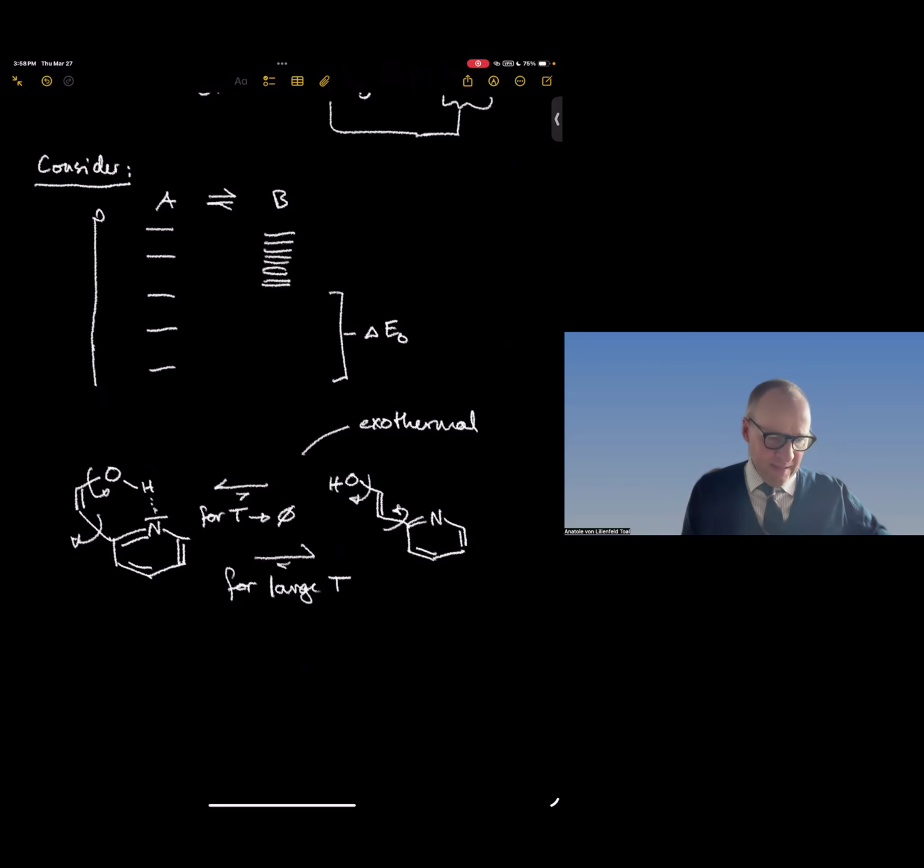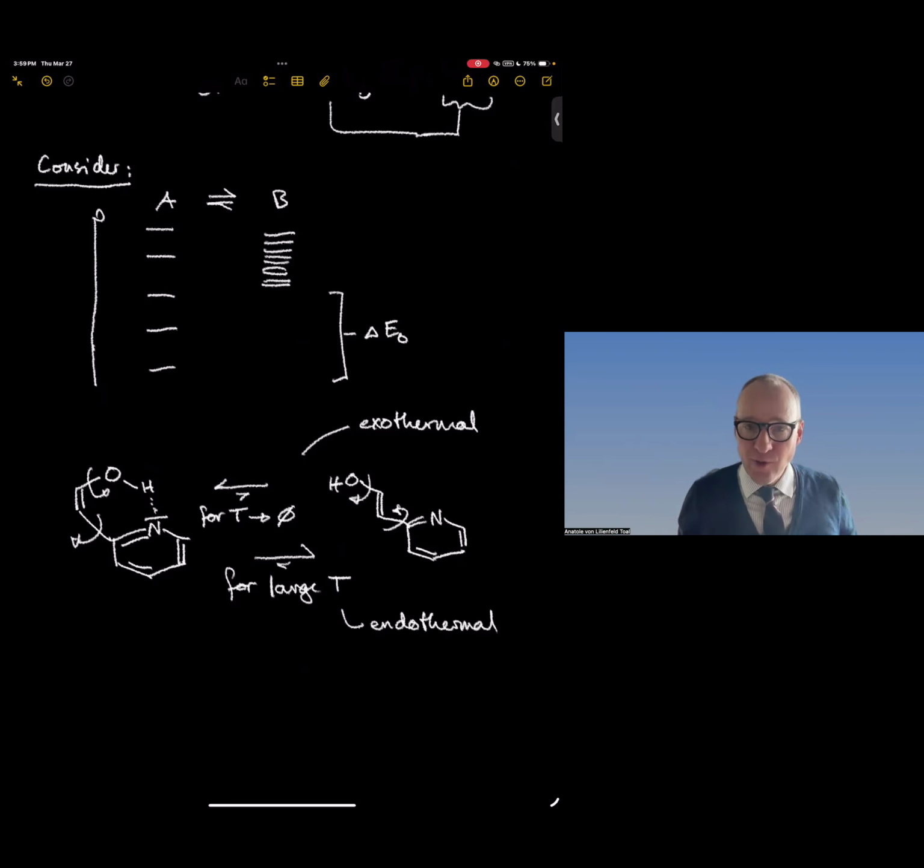And if you observe the second case, that's an endothermal case, right? So this would be a case where the attraction by the dense spectrum, your entropic attractor, must suck out the delta E0 energy from the environment, right?